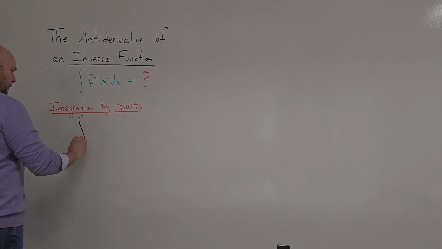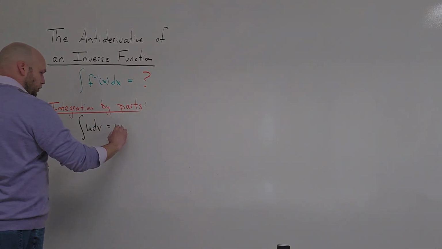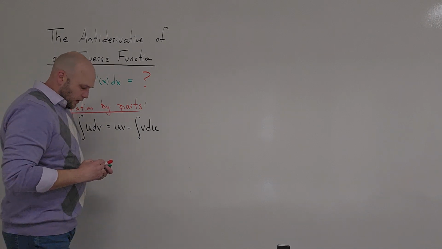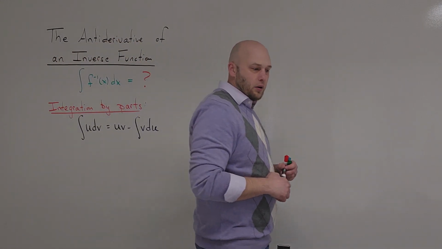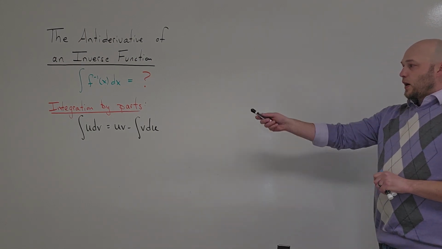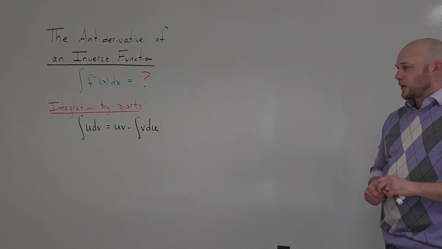If I take the integral of u dv, it's uv minus the integral of v du. If you need a refresher on integration by parts, or if you haven't seen that yet, please watch the video that we posted on integration by parts by Professor Van Hamlin.